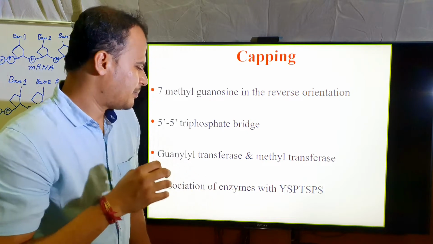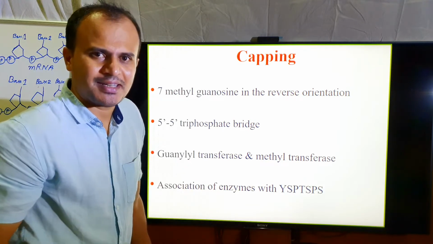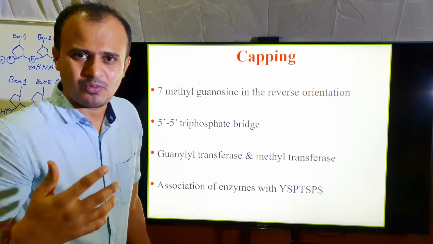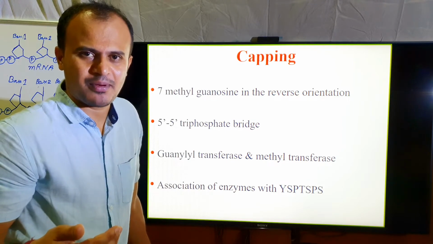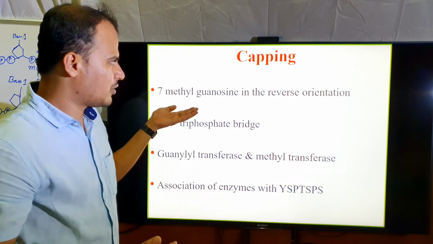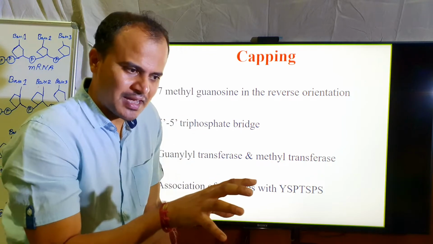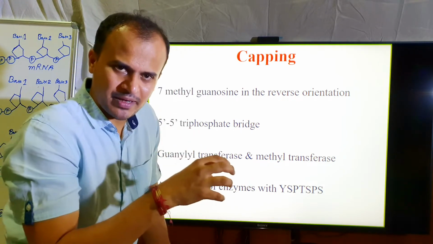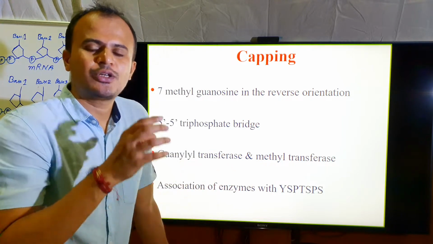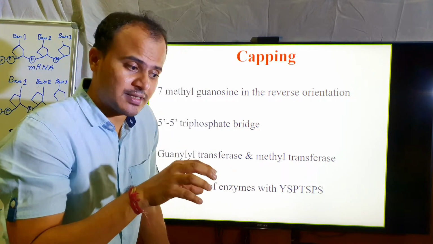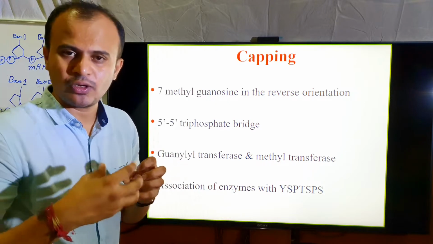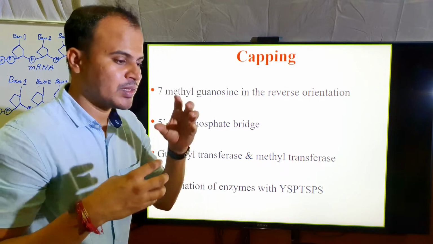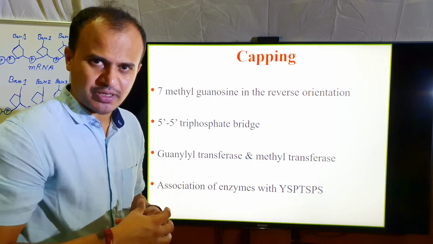So a big question that arises here is, what is the cap? What is the biochemistry of the cap? We also got to know that the cap protects mRNA from 5' end degradation, and that if there is a cap at the 5' end, only then can the mRNA be recognized by the translation machinery.